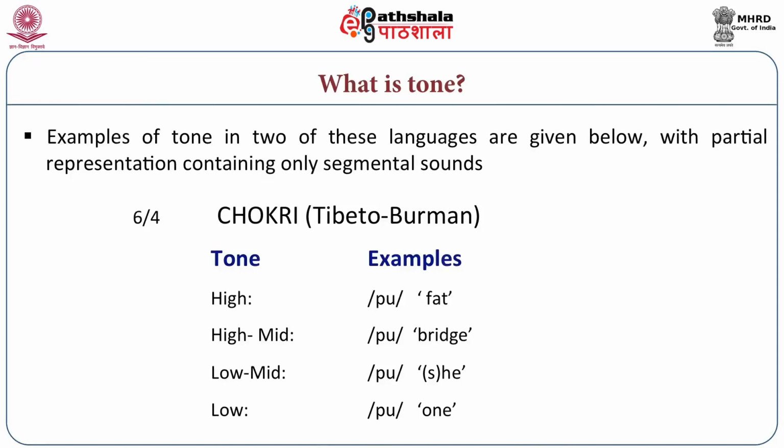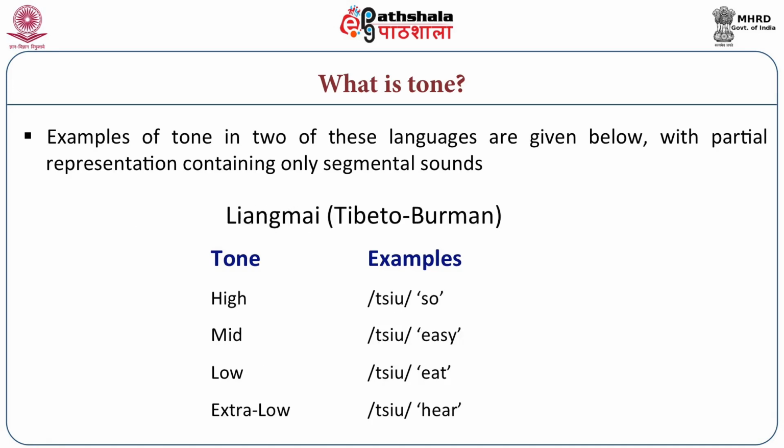Given below are examples of tones in two Tibeto-Burman languages on the screen. Thus, Chokri has 4 tones: high, high mid, and low. Liang Mai has 4 tones, but these are high, mid, low, and extra low.